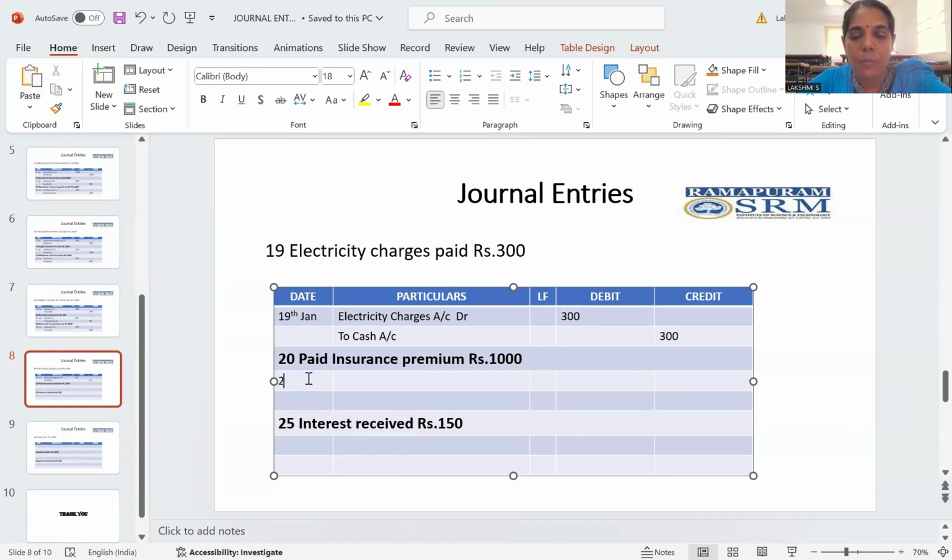Paid insurance premium on 20th January. Cash goes out of the business, to cash account. Insurance paid in cash is paid in the form of insurance premium. Insurance premium account debit, 1,000 rupees.